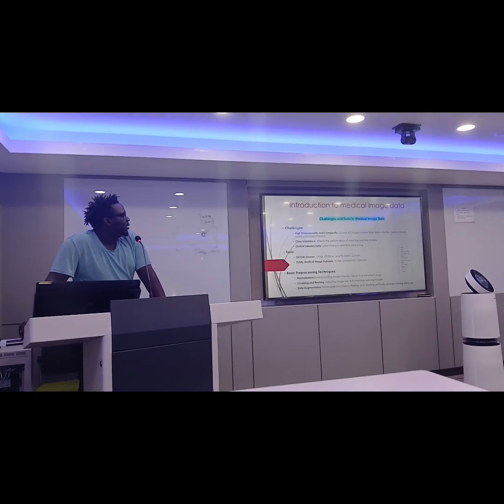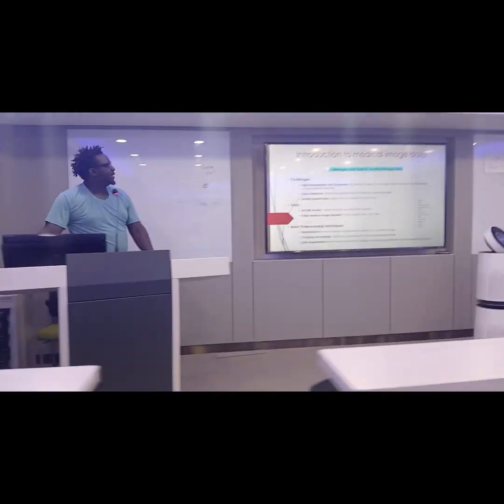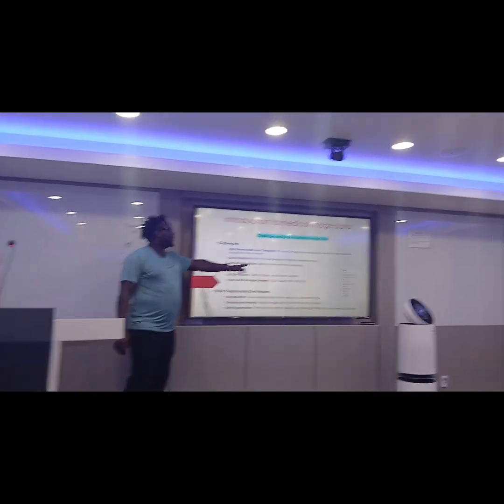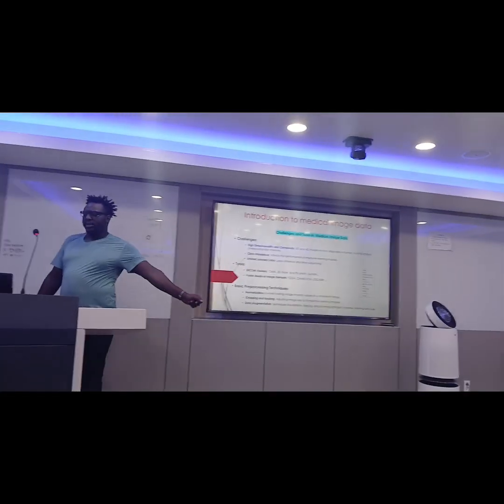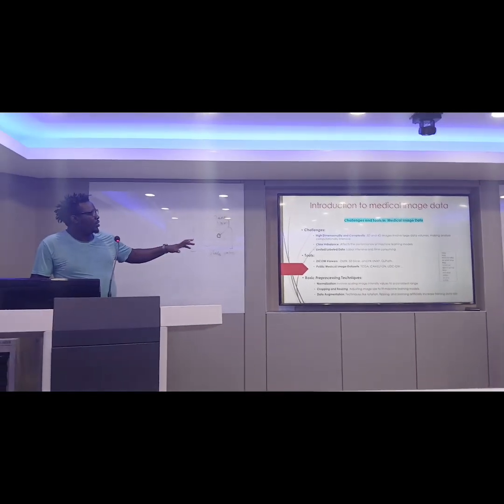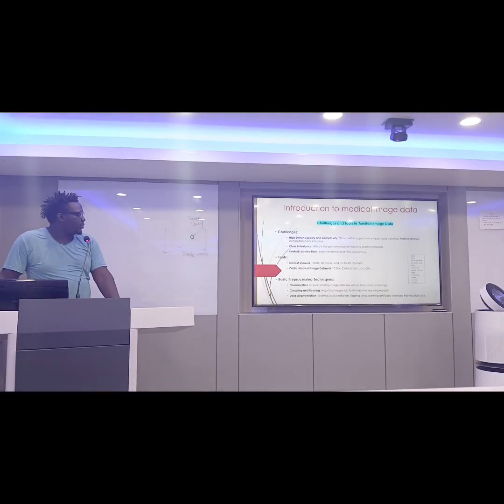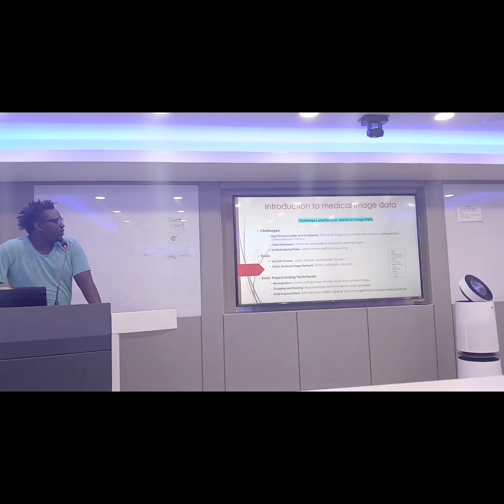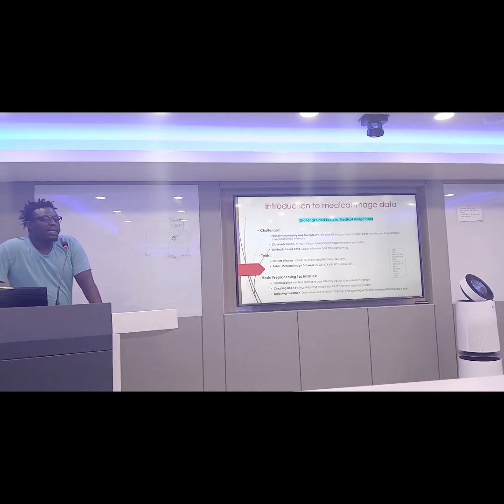For example, in this case, where we have limited data, we can use some kind of upsampling or balancing method, as I would call it. One of the methods is data augmentation.